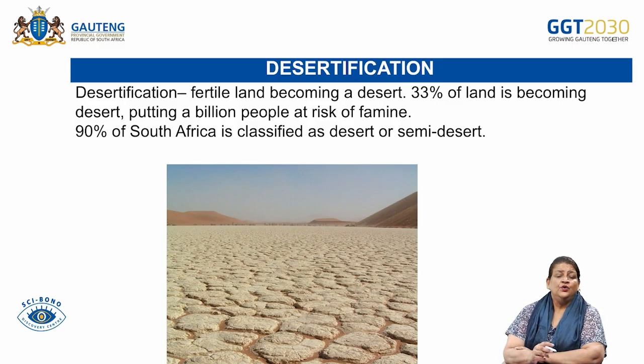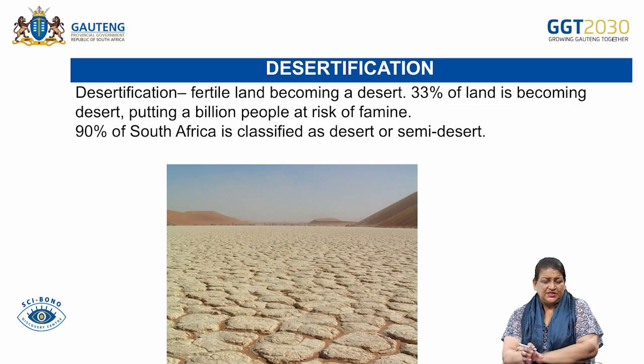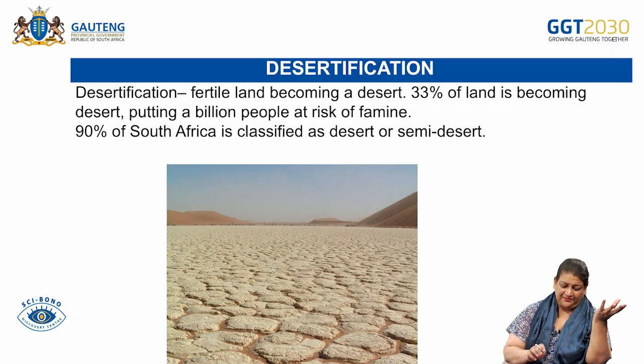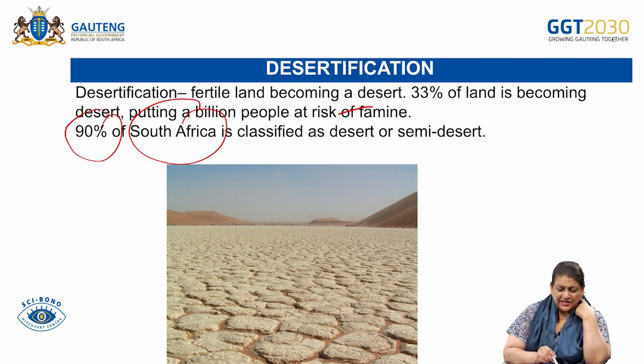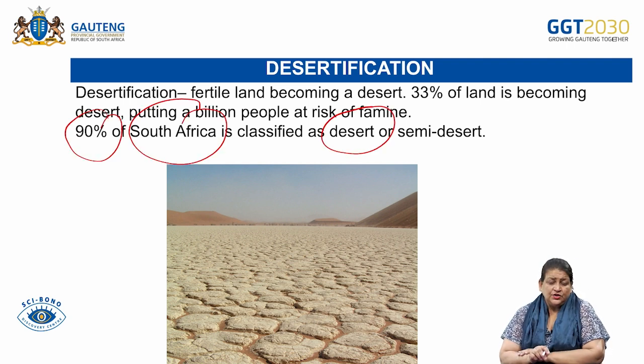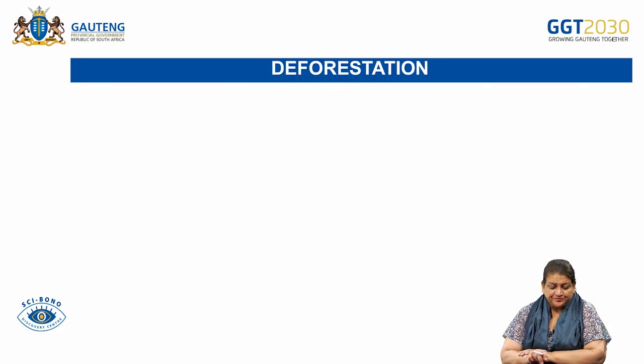The sand or soil will clog the gills of the fish, which are used for breathing, and the fish die. Fertilizers will wash into the sea and the fish die. Everything else will decompose, and then what's released? Methane. Okay, so 90% of South Africa is regarded to be a desert or semi-desert, meaning there are fewer trees.